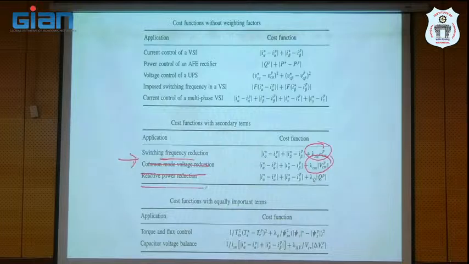Next, reactive power reduction: if you want to take care of it, you can add it. Based on your requirement, you can include more variables and more control objectives in the cost function. It is not like simple single input, single output. You can express multi inputs and multi outputs.